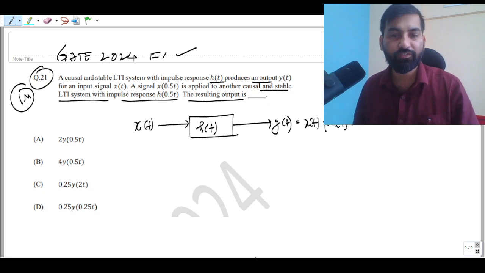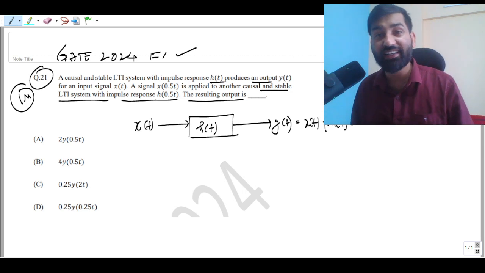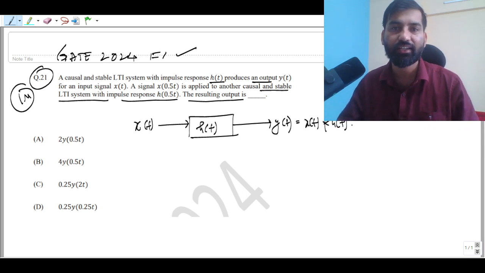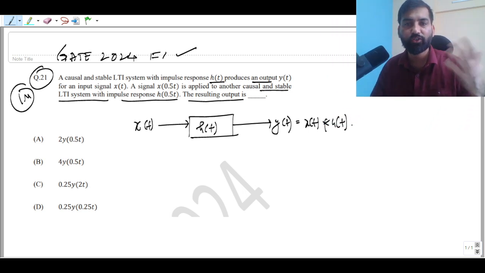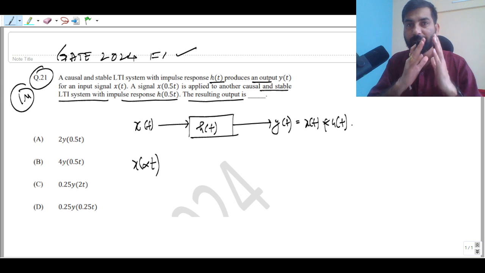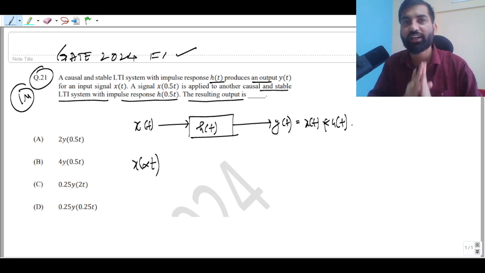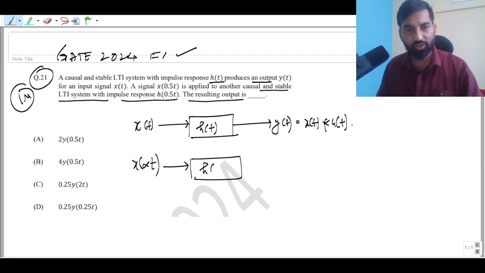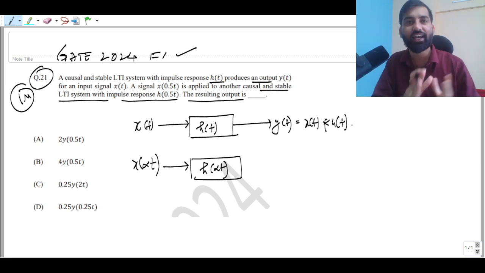Now if we scale the input by alpha, so it is x(alpha t), you have to make sure that the impulse response is also scaled by the same amount. You should not scale it by a different amount. That is very important to keep in mind, because we have seen this concept in the classroom, the scaling property of the LTI system.